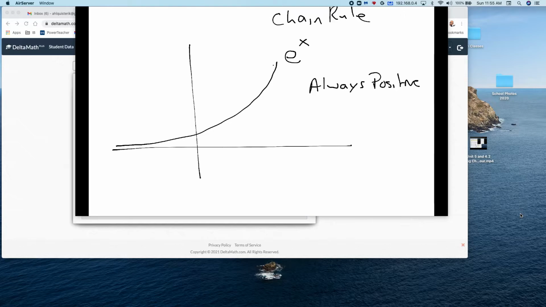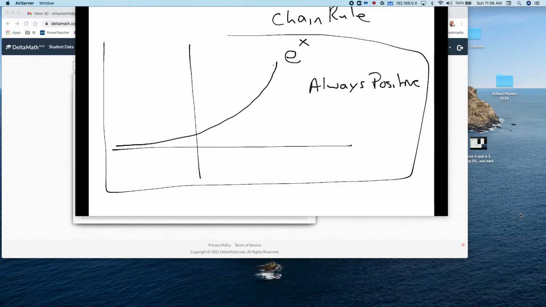When you factor it out, you know that e to the x is always positive. This is what the graph looks like, so it's really important that you know that. The other thing you need to know is e to the 0 is equal to 1. That's another thing you just need to remember.